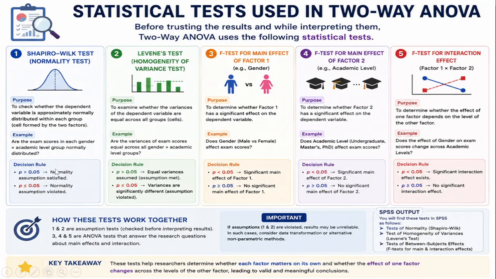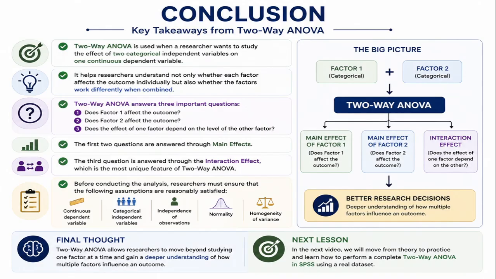So you will notice that for the normality test and the homogeneity of variance test, the p-value must be greater for the assumptions to be satisfied. But when we come to the effects, the p-value must be less than 0.05. This is what you have to take notice of.